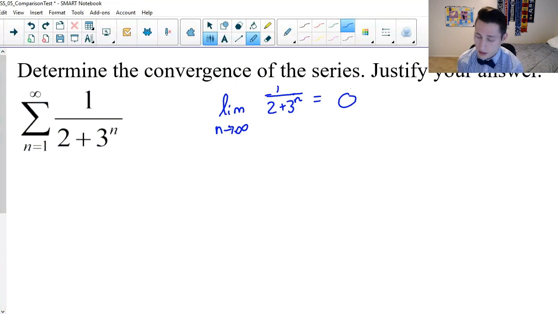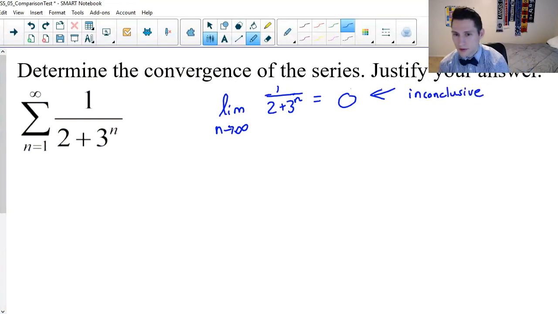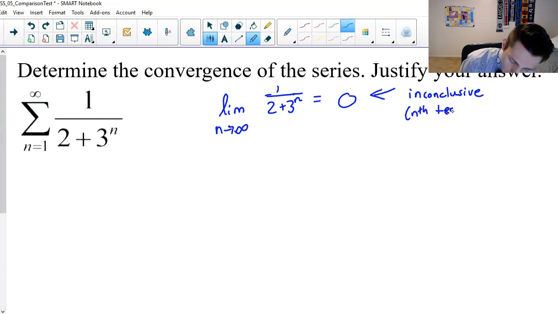Remember, for the nth term test, if we get 0, that's inconclusive. It doesn't tell us if it diverges or converges. If we got some actual value, like 2, 3, 1/2, 1/5, 2,000, then I would know this series diverges. But since we get 0 specifically, the nth term test is inconclusive and doesn't work for us.